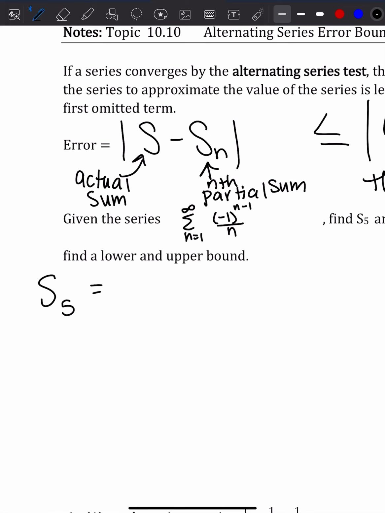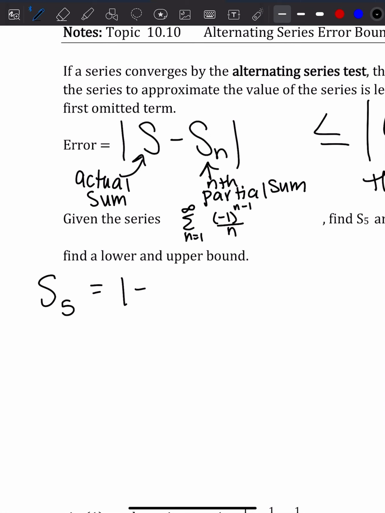So S sub 5 is equal to, so our first term, we're going to plug in 1 for n. So 1 minus 1 is 0. -1 to the 0 power is 1. So we have 1 over 1, which is 1. And then we started with a positive, so we're going to automatically go to a negative because it's an alternating series. And so now I know my pattern of alternating series, so I can ignore that top part.